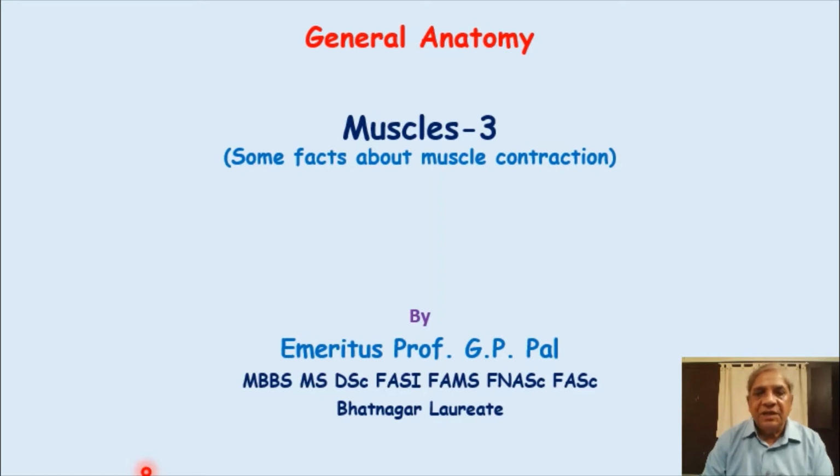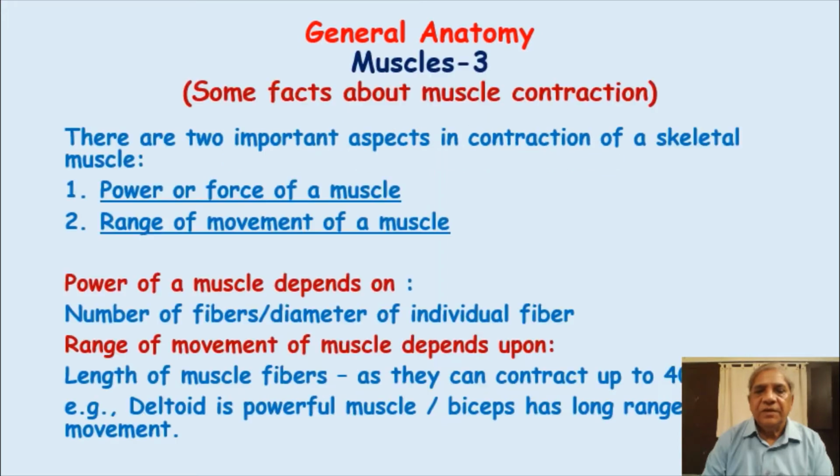Now we will see in this lecture some facts about muscle contraction. This is a lecture which is usually asked as a short note. Let us see some facts about muscular contraction. There are two important aspects in the contraction of skeletal muscle.